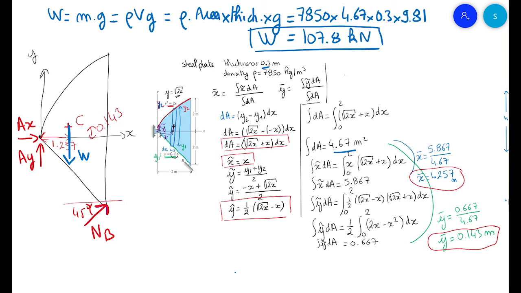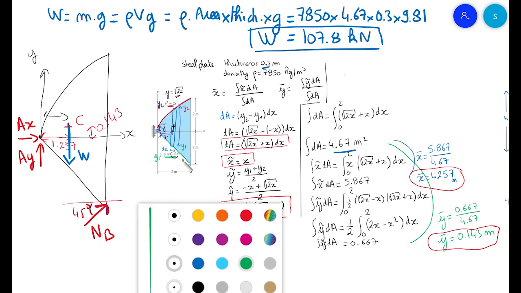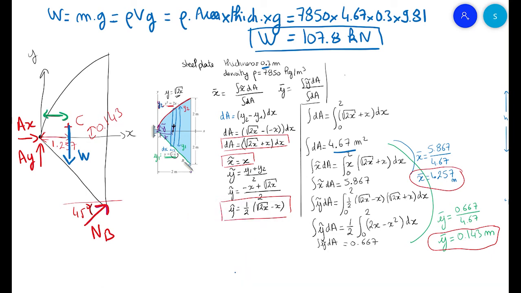And we need some distances. This one is 45 degrees. We know that this distance, the x bar, is equal to 1.257. And we need this distance, that is 2 meters, and this distance, that is 2 meters.